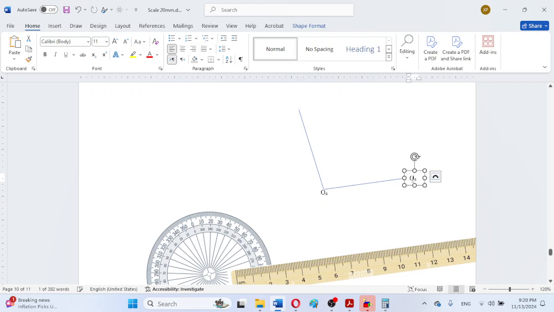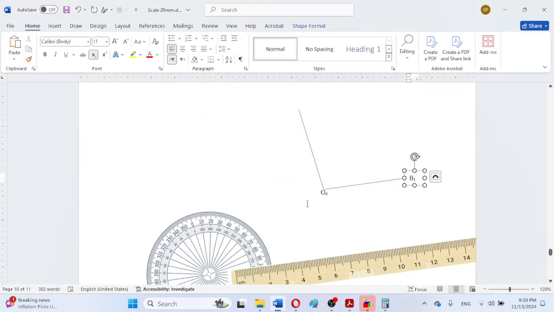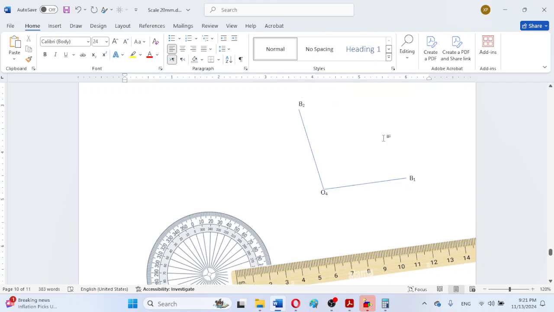For example, this is position B1, and as we can observe towards right, that is position B1, and similarly if we can just copy it and paste it and then move it. So this is the position B2.